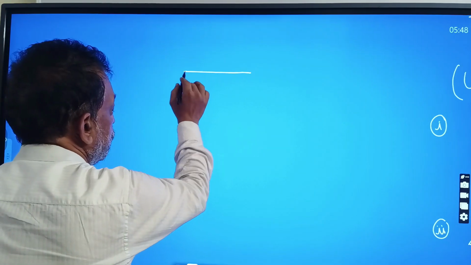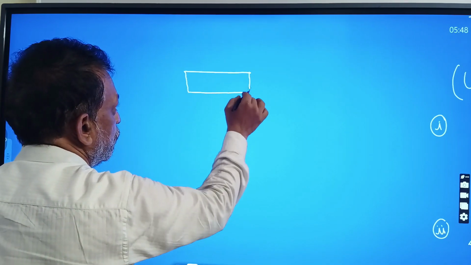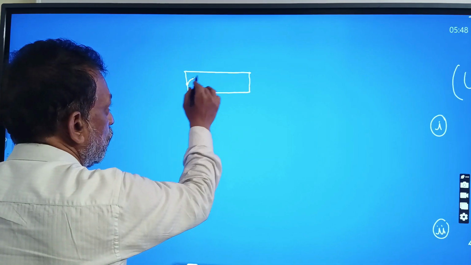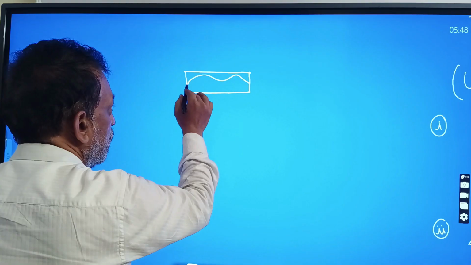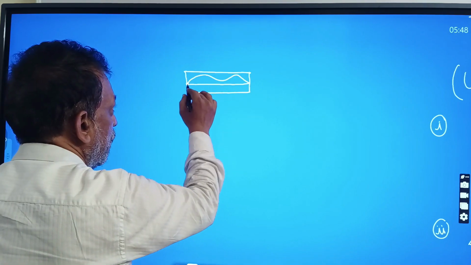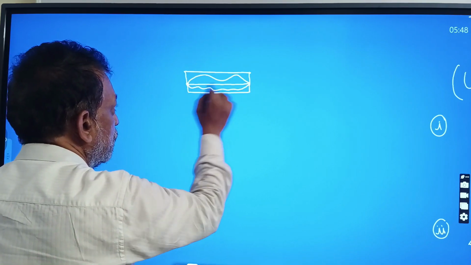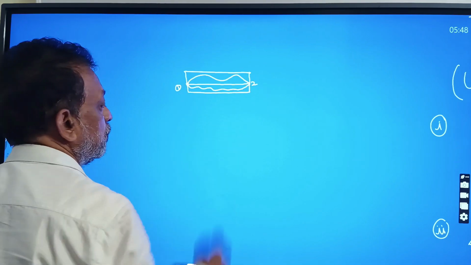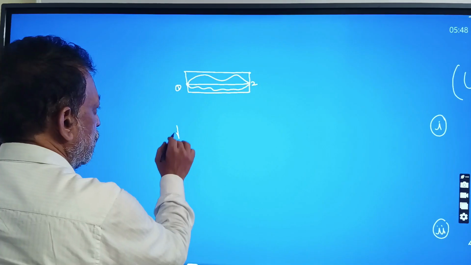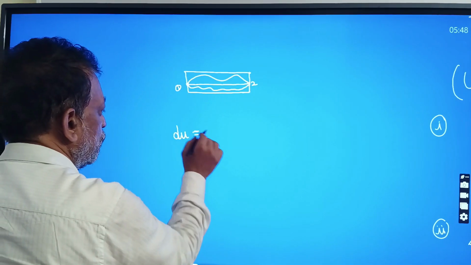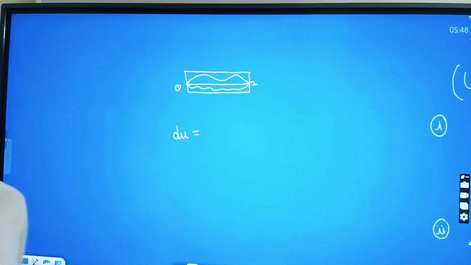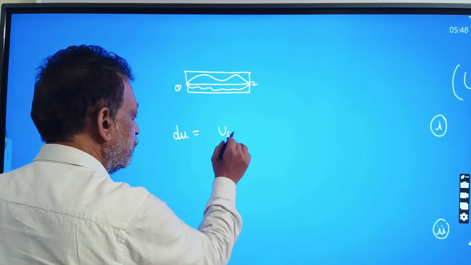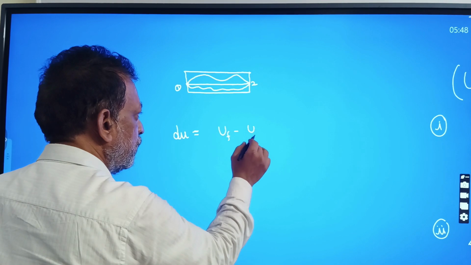Whichever path you take, the initial position is the final position. Therefore, the change in internal energy dU is equal to final energy minus initial energy.